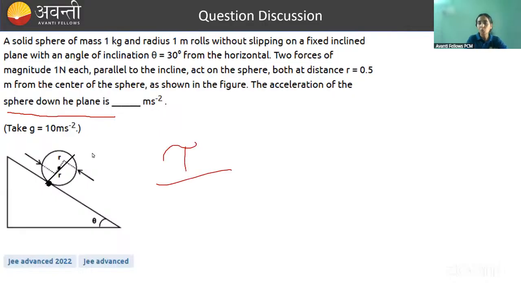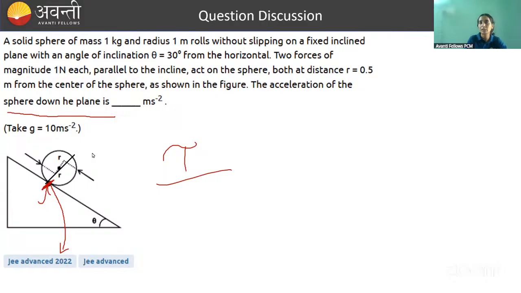But around which point you will calculate torque? Whenever a body is rolling, the point that is in contact with the surface will always be at rest, and this point is also called the point of instantaneous axis of rotation. ठीक है. So basically, whatever point is coming to this position, through that point the axis of rotation is passing.